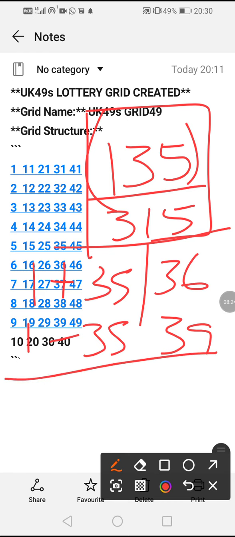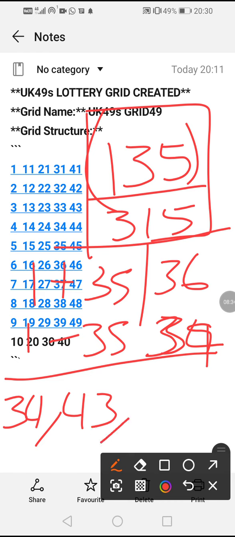So now if we separate this, if it's a 34, which means a 34 can come tomorrow, like a 34 or 43. And this one must also come tomorrow because they did hit the 15. So the 35 must also drop tomorrow. 13, 31, something like that.